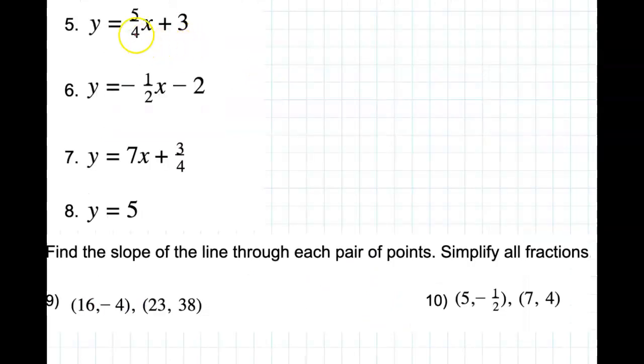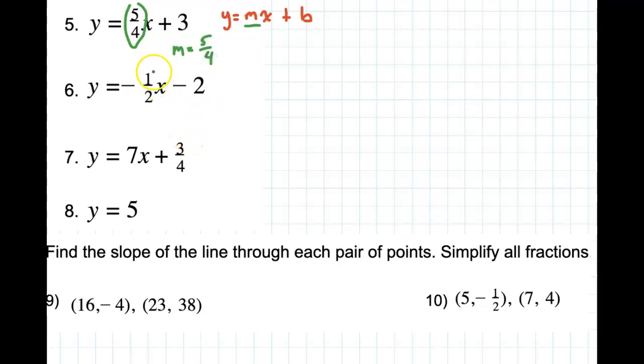All right, so finding the slope when it's written in, well, this is already written in slope-intercept form. So y equals mx plus b. The m is the coefficient, the number in front of x. So m equals 5 over 4 here.